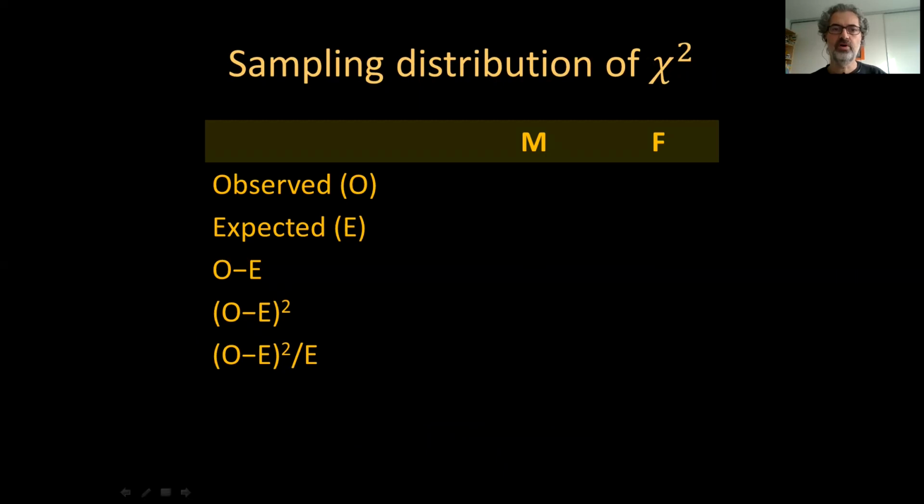So we just draw 60 individuals from a simulated population with equal proportions of men and women. For each one of these samples of 60, we note the counts for men and women, and then the expected is always 30. We subtract, square, divide, add up, and come up with a chi-square for each sample. And we can do that 10,000 times.